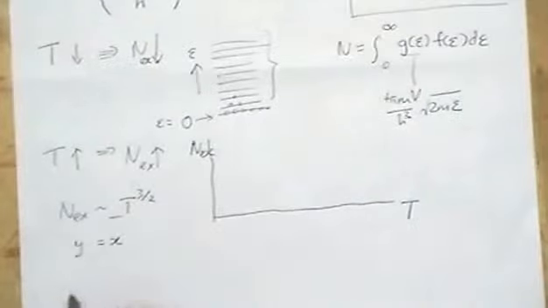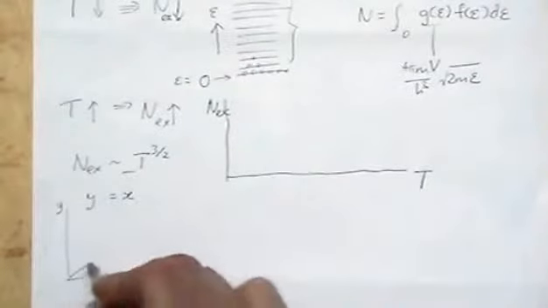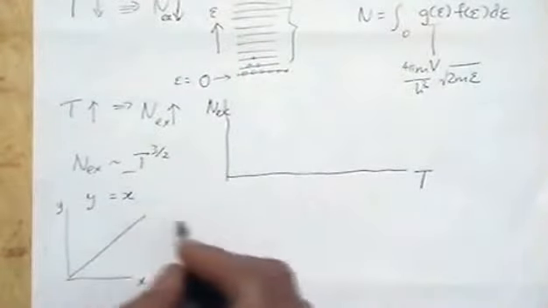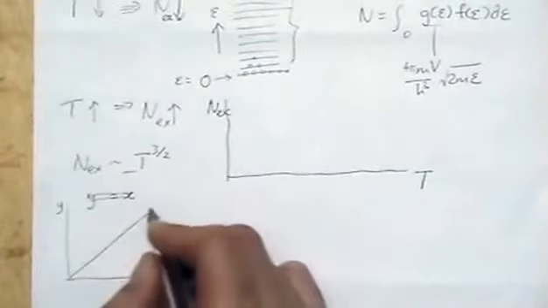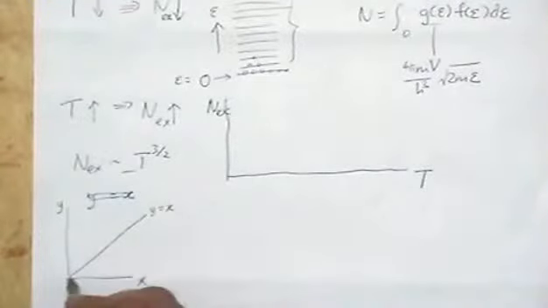Okay, as an aside, let me try to sketch this. If I have x here and y there, now y equals x is a straight line like that. Now let's think about y equals x squared.